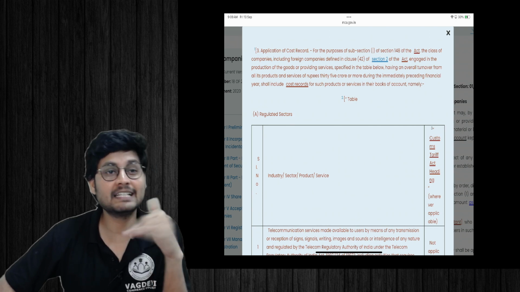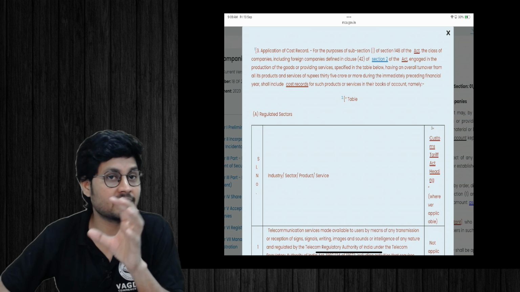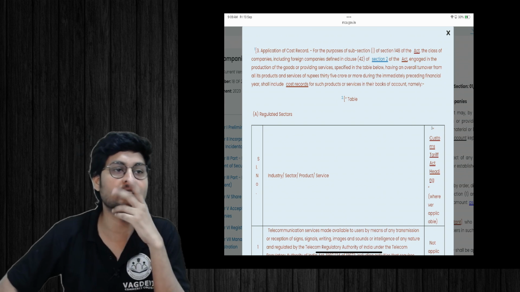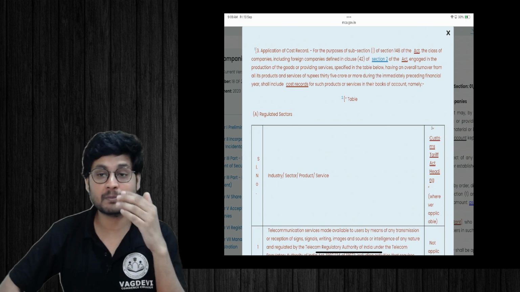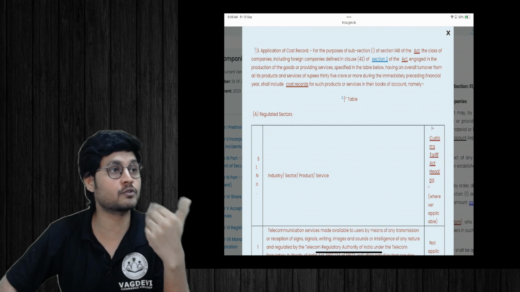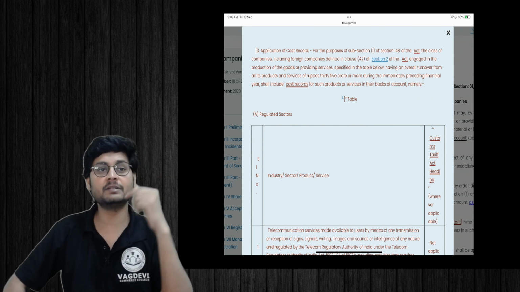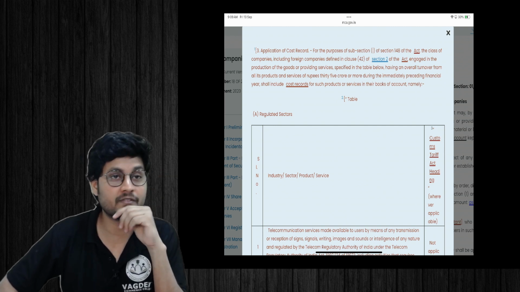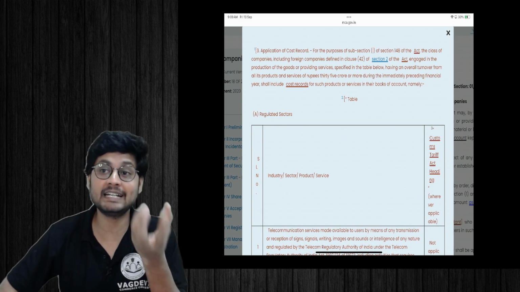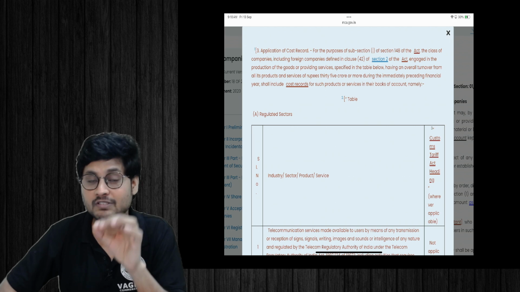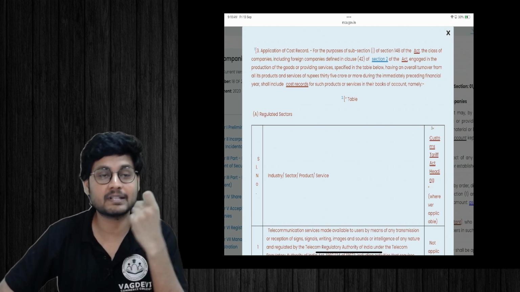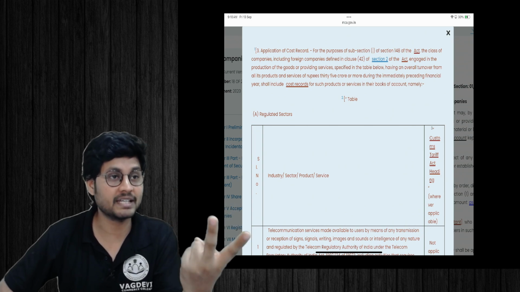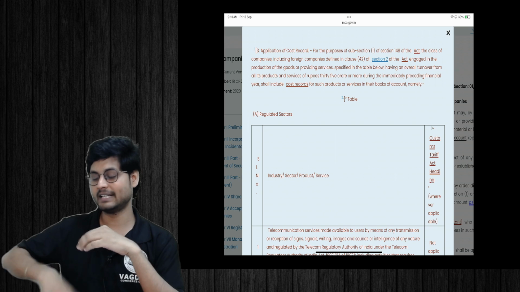Any other goods which are not covered under table A and table B are not required to be maintained. However, the turnover must be included for the purpose of calculation of the 35 crores limit. Trading activity must also be included. However, for the purpose of maintenance of cost records, only those products which are mentioned in rule number 3, that is table A and table number B, must be taken into consideration.